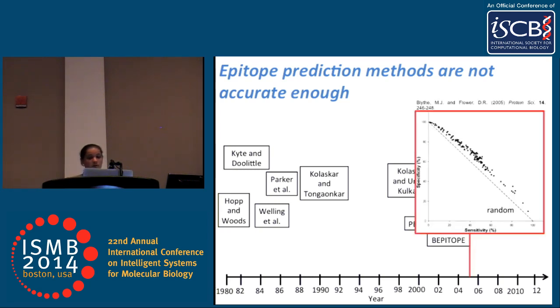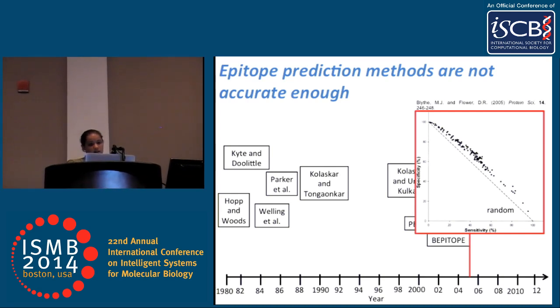However, in 2005, Flower and Blythe published a study where they evaluated the performance of almost 500 such amino acid scales in predicting antibody epitopes. Each point here corresponds to one such amino acid scale, and you can see that they have a near random performance, near the line, which is the random performance in predicting antibody epitopes.